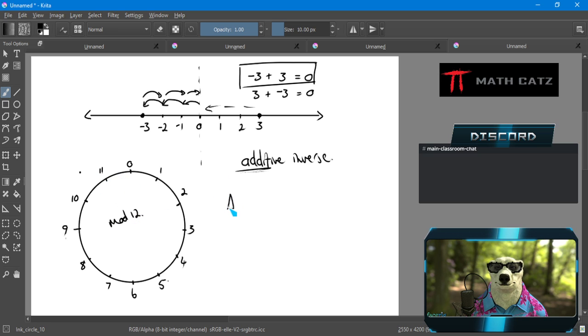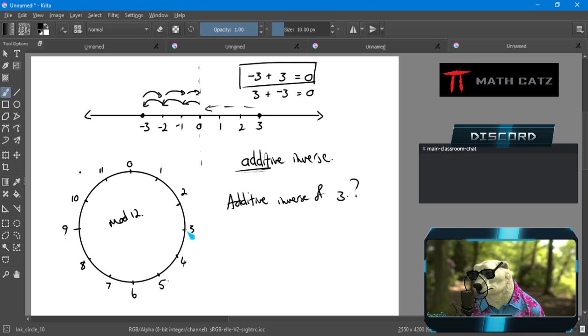If I now say, what is the additive inverse of 3? It means the same thing. My number line model, my arithmetic, my counting model is now on a circle instead of a straight line. But it means the same thing.